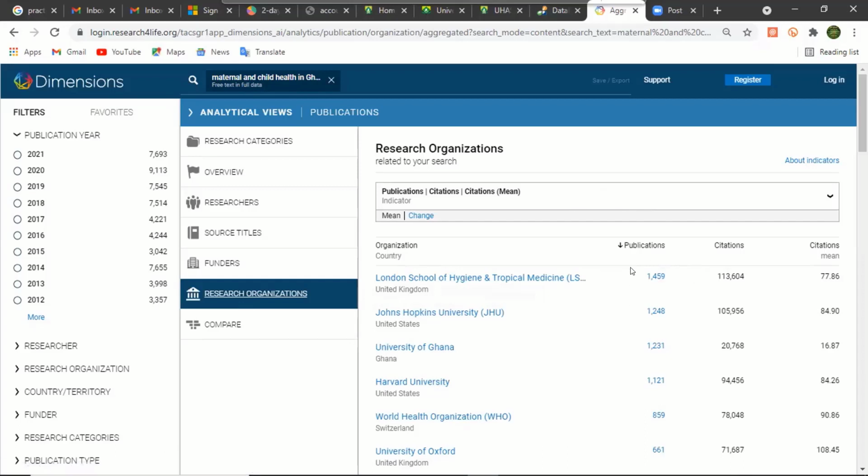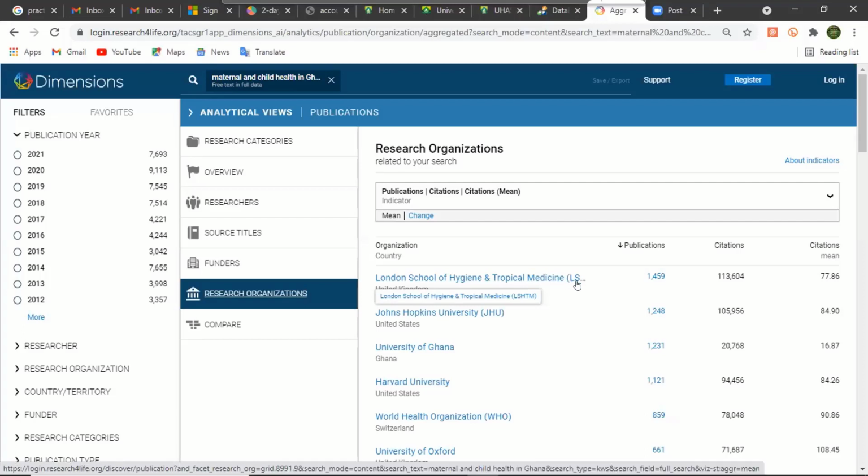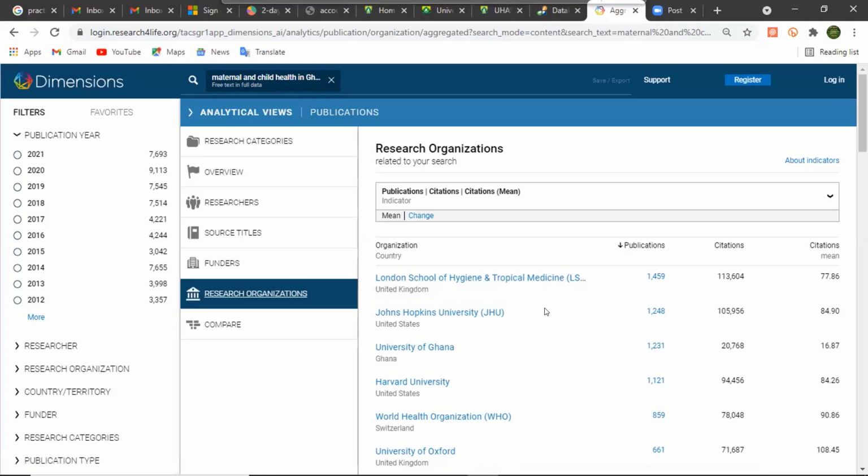Now, sometimes it might look disappointing. You might think that it's people outside that are doing most of the work. But I think most of the institutions here benefit from the fact that most of the authors were students there. As part of their research program, they publish and they are affiliated to those universities at the time they were publishing these papers. And so it looks like it goes to the credit of those institutions.